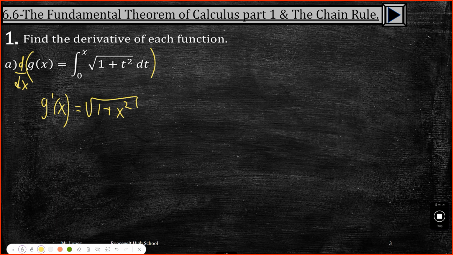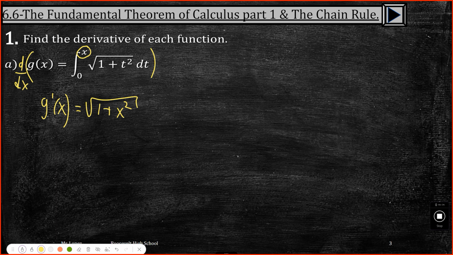That's it. You just plug in x in for t. The thing that we would take for granted before is that we have to take the derivatives of the upper and lower limits. The lower limit is a constant, so it doesn't matter. But definitely we got to take a derivative of this and multiply it by what we got here.